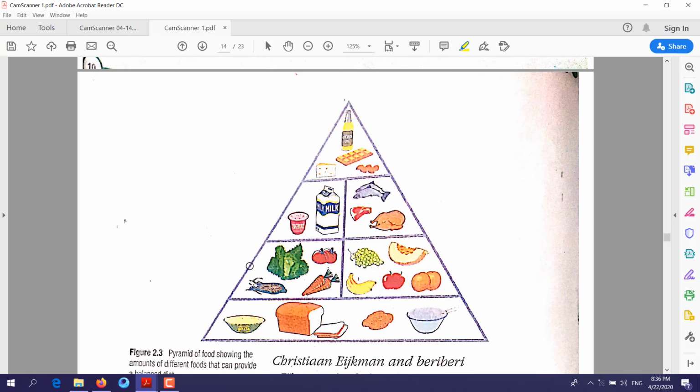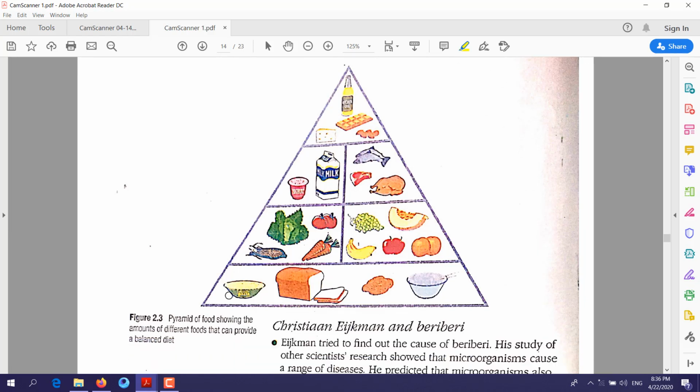For example, your body needs carbohydrates more than fat, and it needs some kinds of minerals more than others. So this pyramid shows that your meals should be based on this. You should eat this kind of food more than milk, fish, or chicken. Why? Because, as I just said, your body needs carbohydrates more than fat.